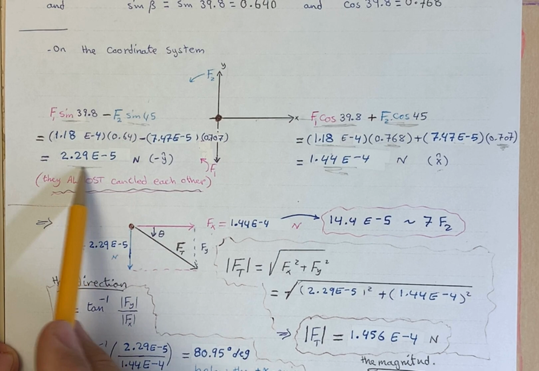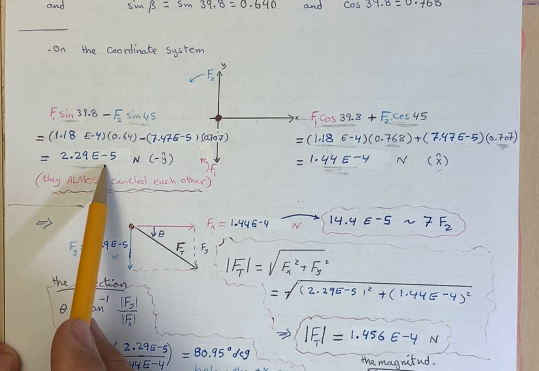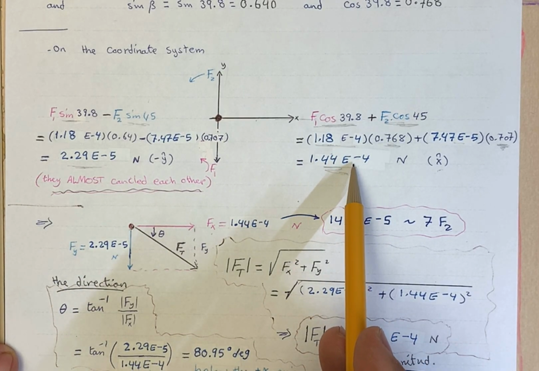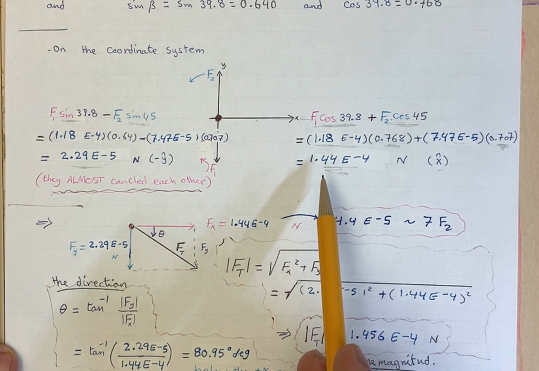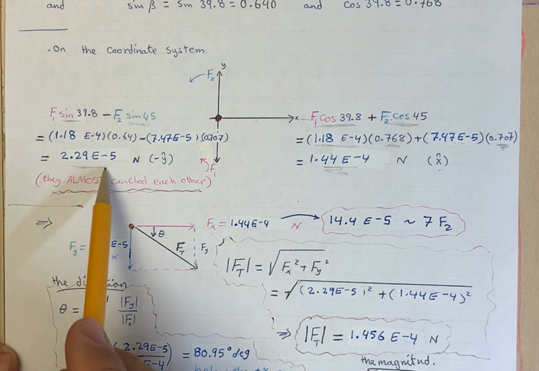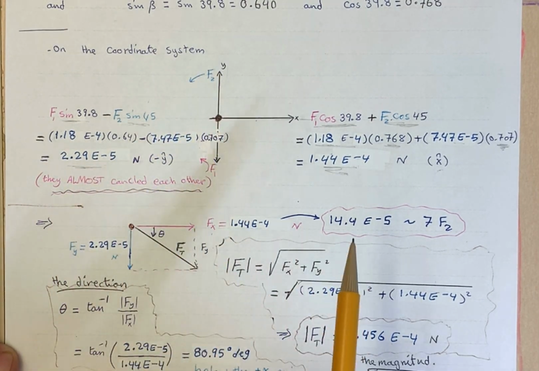The resultant force in the y direction is 2.29 times 10 to the negative 5. As you see here, this one is bigger because it's to the negative 4. Sometimes we may have a balance because we have opposite directions.